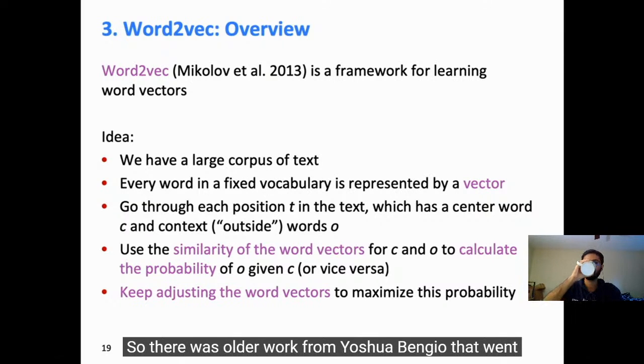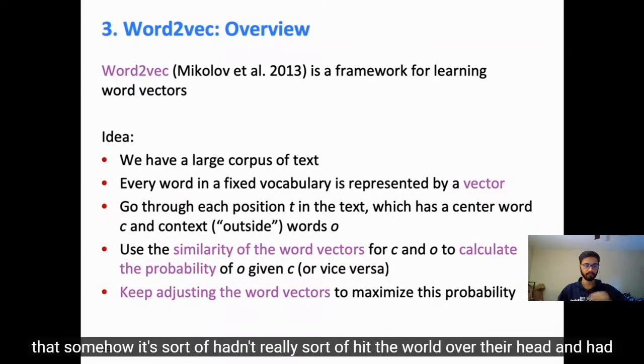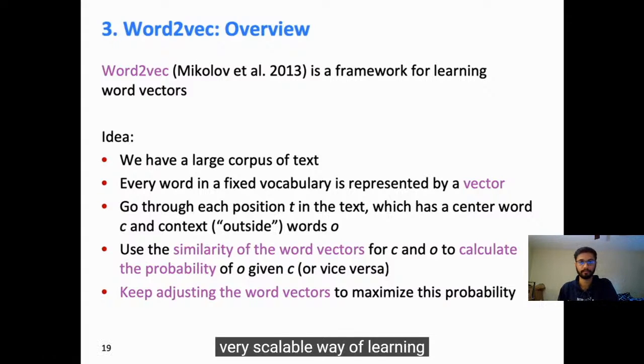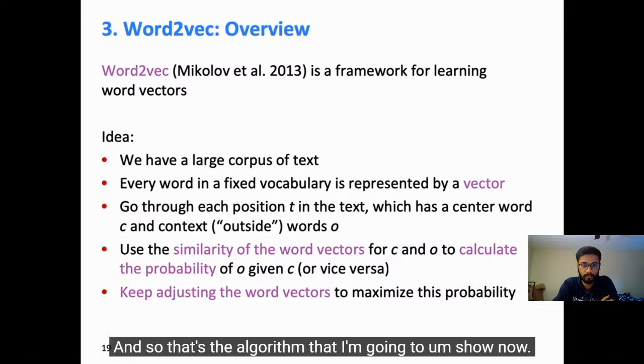There was older work from Yoshua Bengio that went back to about the turn of the millennium, but it hadn't really hit the world over the head. Mikolov showed this very simple, very scalable way of learning vector representations of words, and that really opened the floodgates. So that's the algorithm that I'm going to show now.